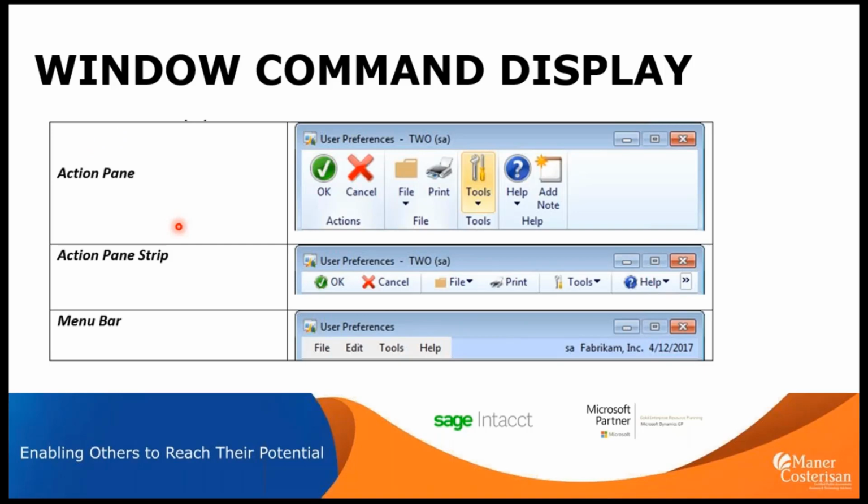Sometimes with third parties, we have to change it to the action pane strip or the menu bar just because of how their code is written. But generally, in the past few years, they have been changing their code to go with the action pane that is listed here.